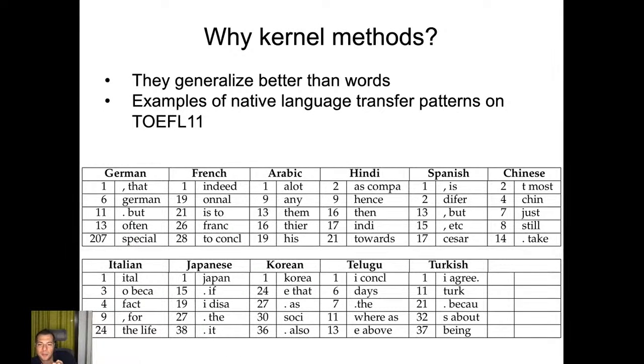However, the n-grams can generalize better than words. What I mean here is that, for example, a certain pattern, like this pattern for French, with the double n here, which is specific to French, and it seems that they tend to make this mistake in English and to write words with double n. This can actually appear in different contexts.